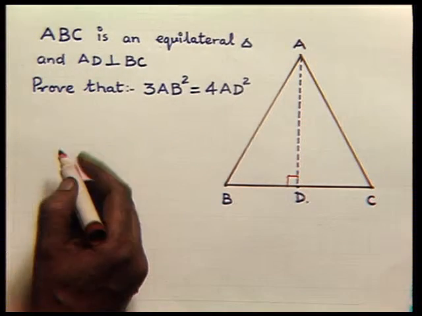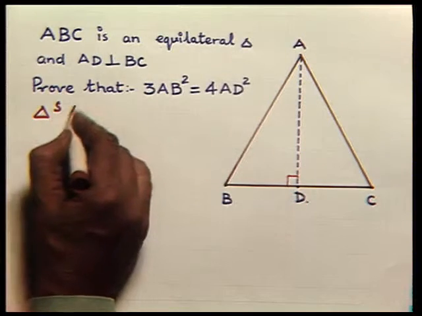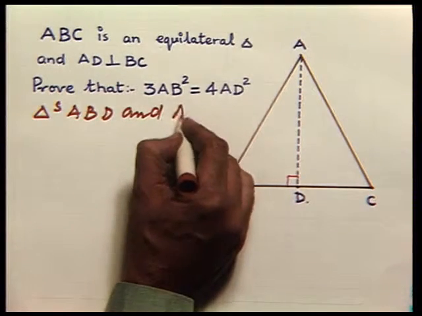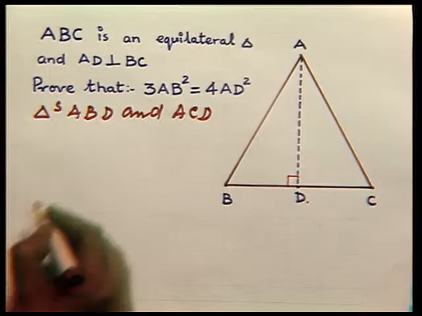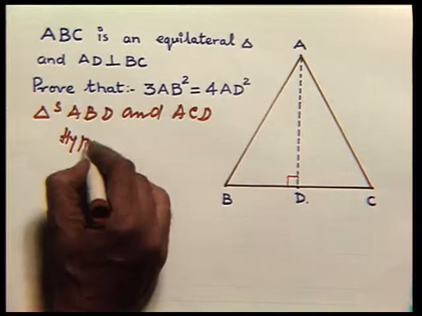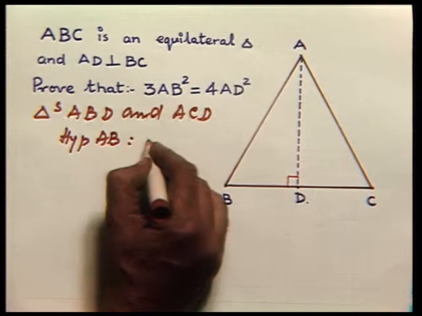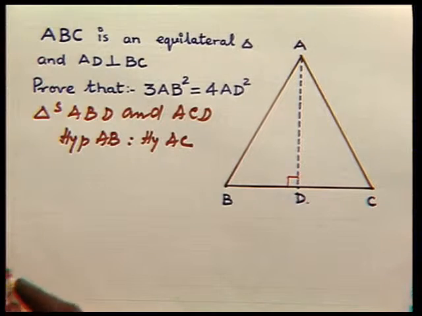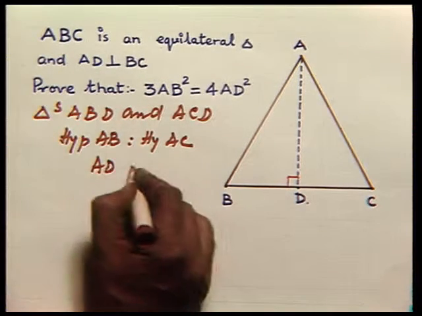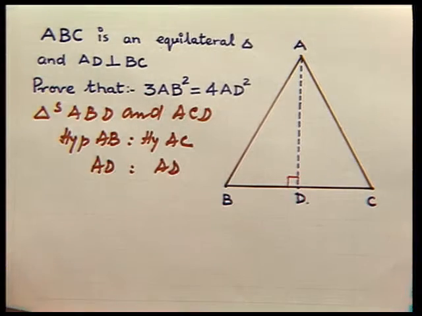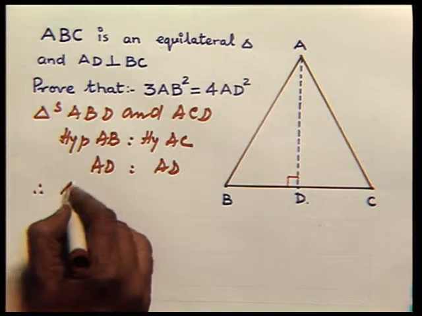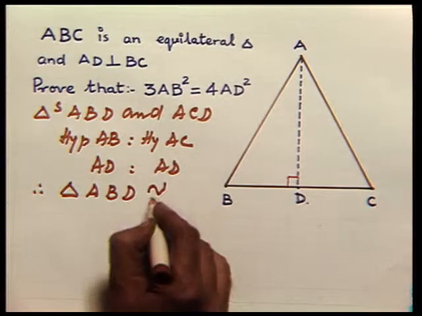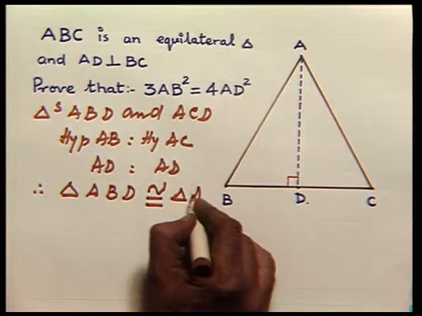So, in case we see the triangles ABD and ACD, the hypotenuse AB is equal to the hypotenuse AC, because the triangle is given as equilateral, and AD is equal to AD, that is common to both triangles, and therefore, we have triangle ABD is congruent to triangle ACD.